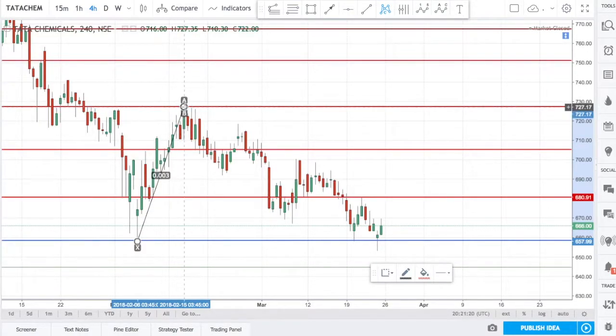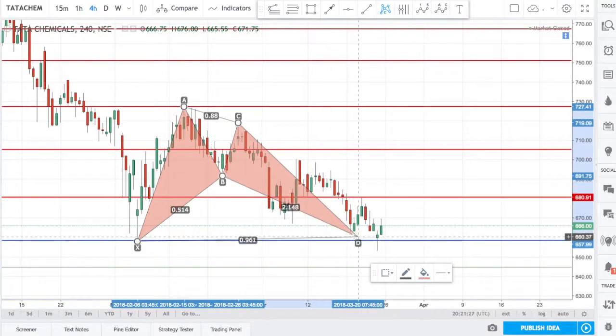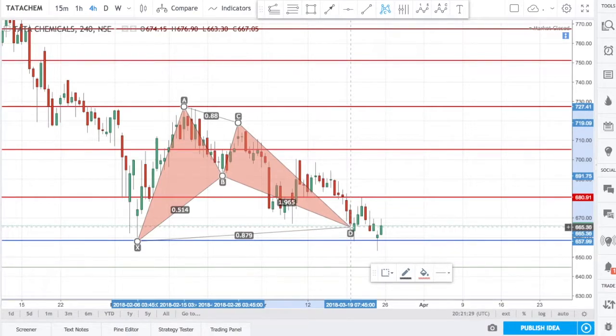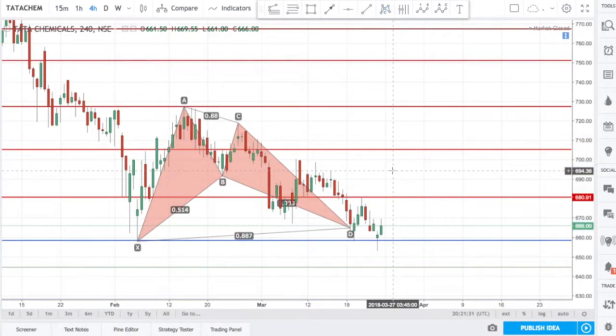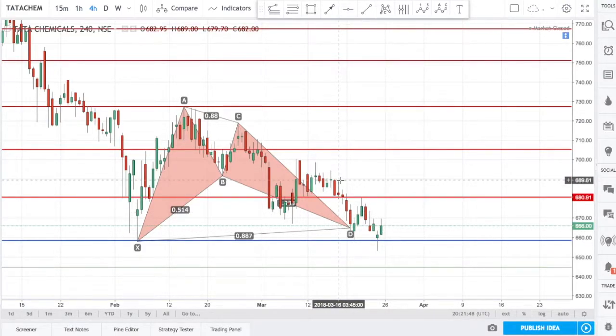This is our first leg, the AB leg, BC leg, and the termination of this pattern at the 886 level. So we have now identified a pattern on this stock.